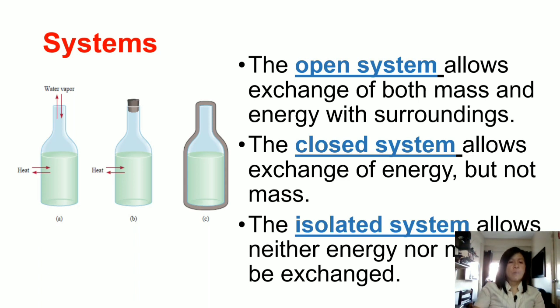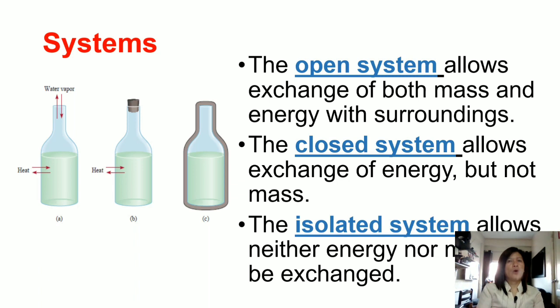So if you are to compare the system A with system B, you will see that if the container contains water, for example, water vaporizes. So at certain temperature, water molecules escape through the small opening here.